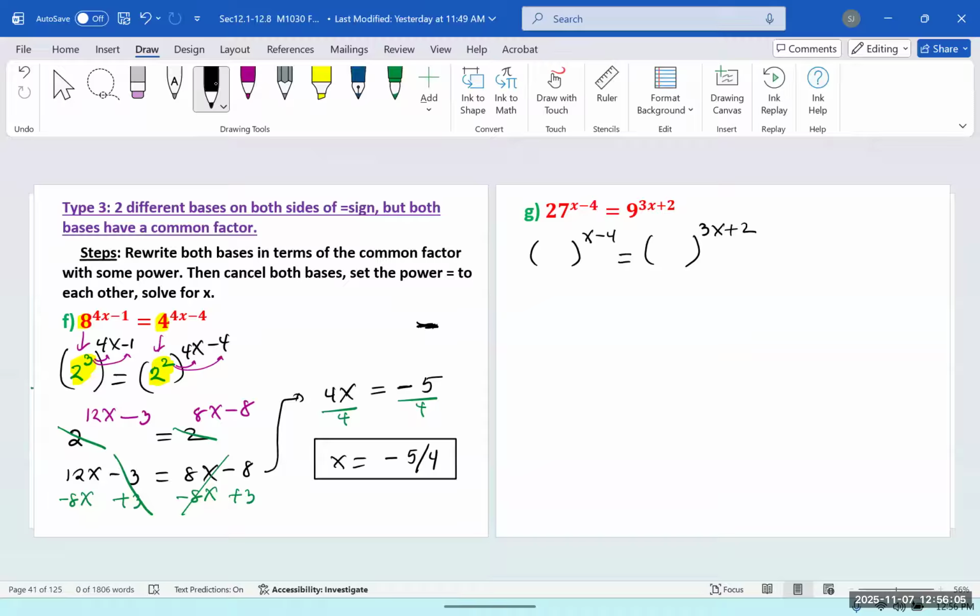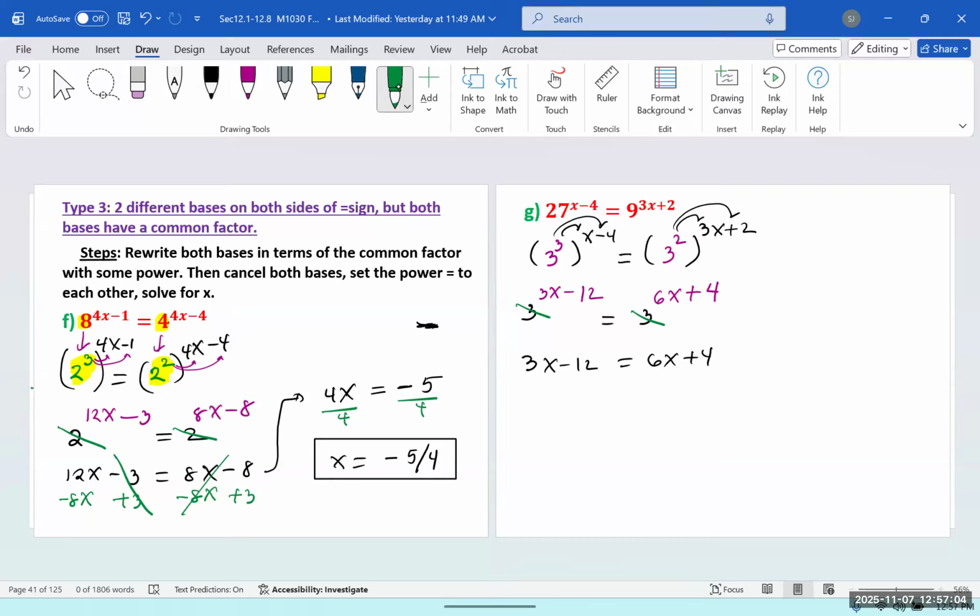Anastasia, would you like to help me with this one? So equals 3 to the what?